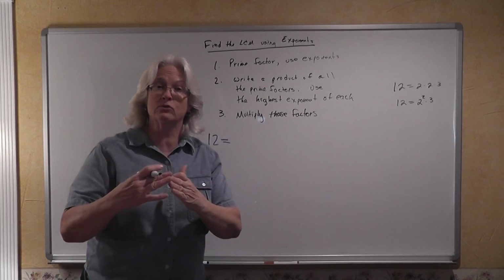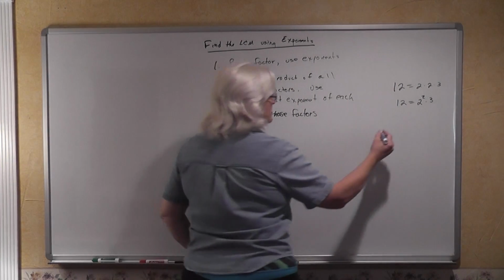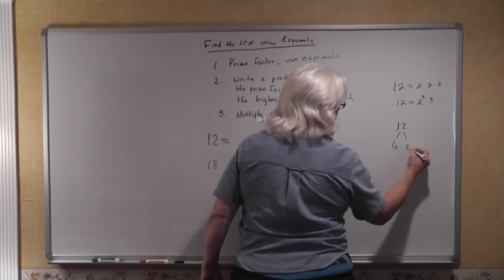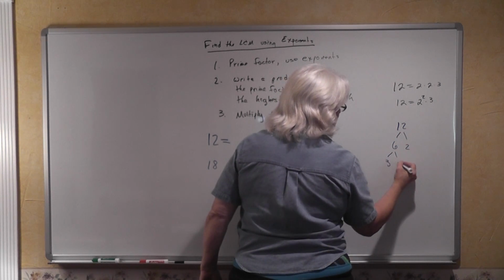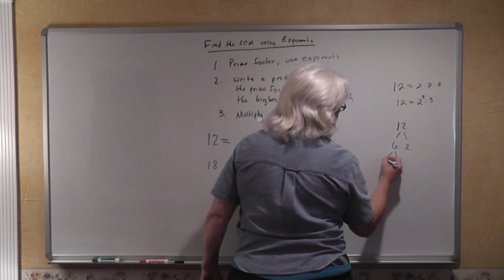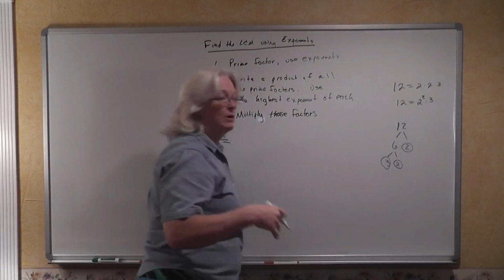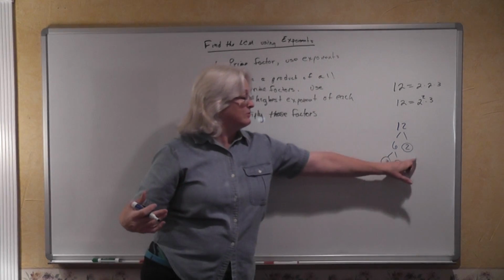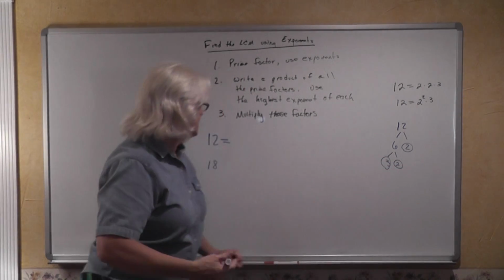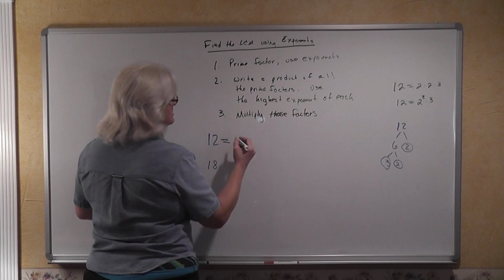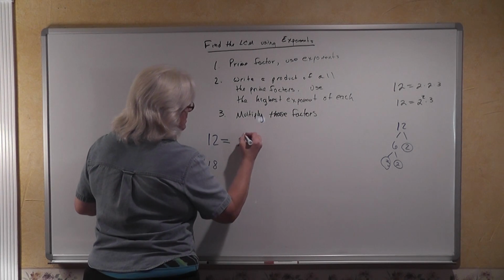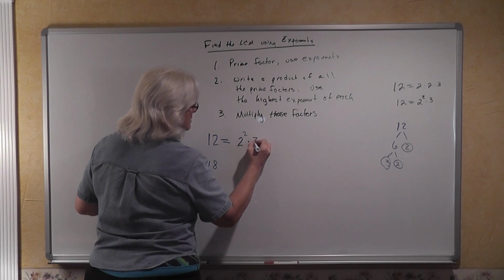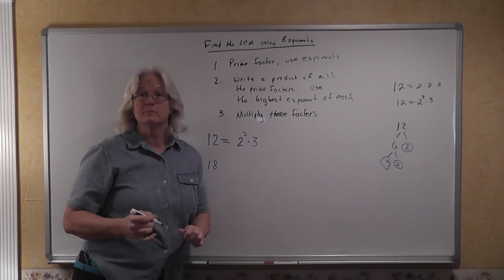You can use your factor tree, you can use upside down division, and you will quickly learn the prime factorization of some of these smaller numbers to where you don't have to continually use the factor tree. Here I have 2 used as a factor twice, times 3. And it says use exponents. So prime factorization of 12 is 2 squared times 3.